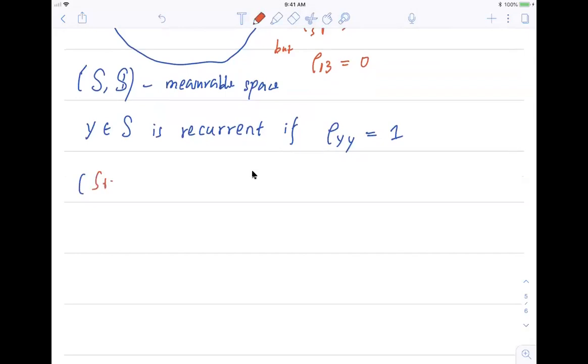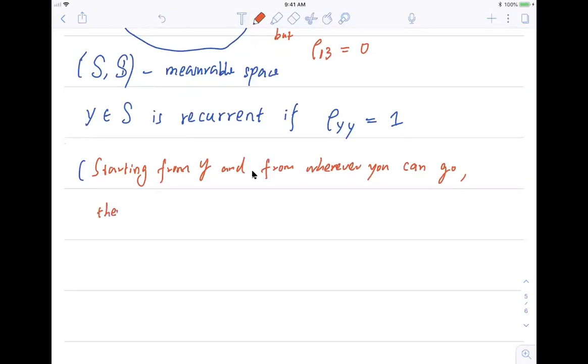Starting from y, wherever you can go, there's always a way of returning to y. So this is called recurrent, and the opposite of recurrent is called transient.